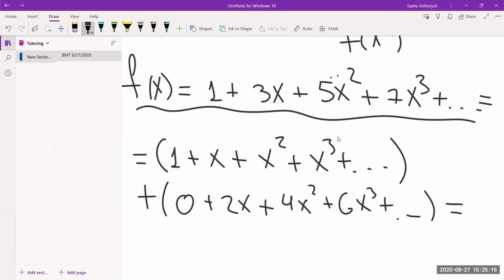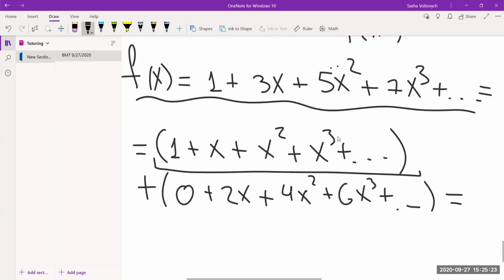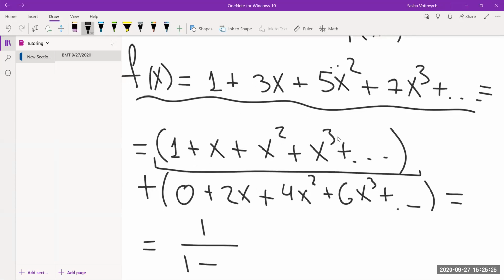So first part of this expression. I don't know how well you guys are familiar with generating functions, but the first part is well known: it is 1 over 1 minus x.